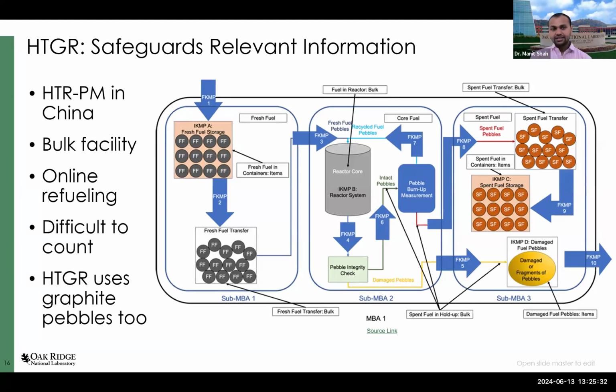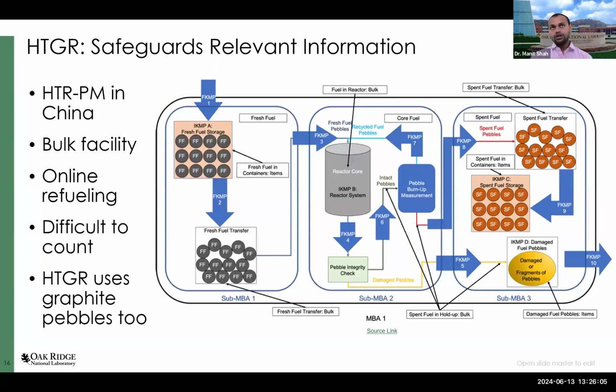Now, considering it as a bulk facility, another aspect is that, similar to CANDUs, pressurized heavy water reactors, they are online refueled. The difficulty is in counting, in the sense that thousands of pebbles make it difficult to count; it's not like the 200 or 300 assemblies that we are used to. And then another aspect is that they have graphite pebbles as well.